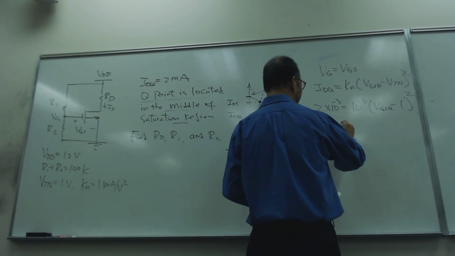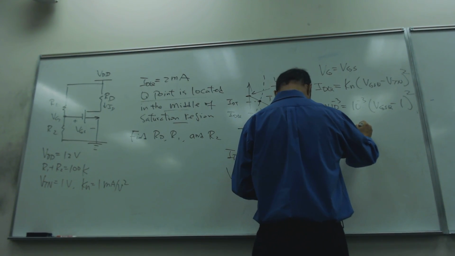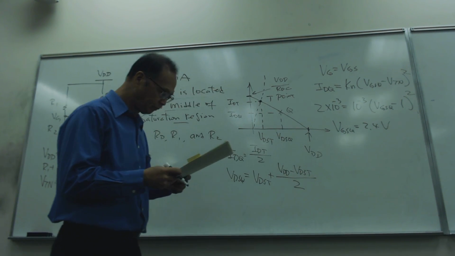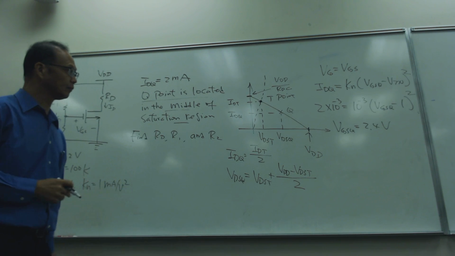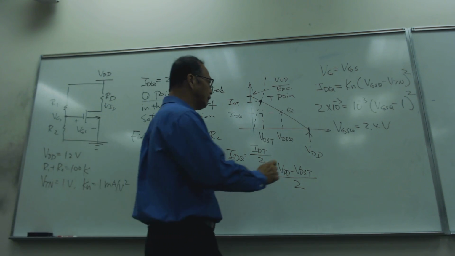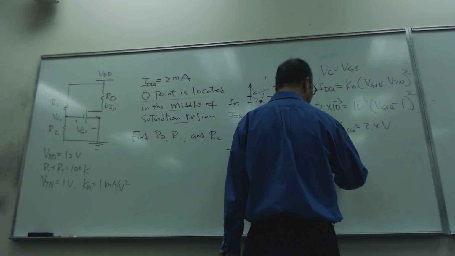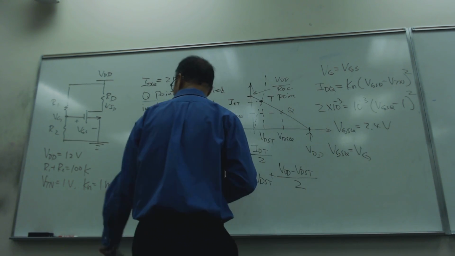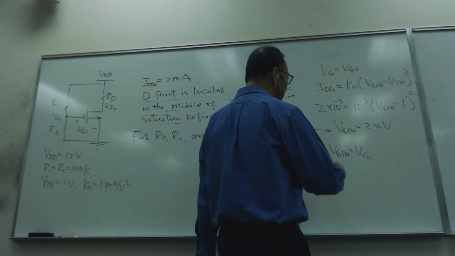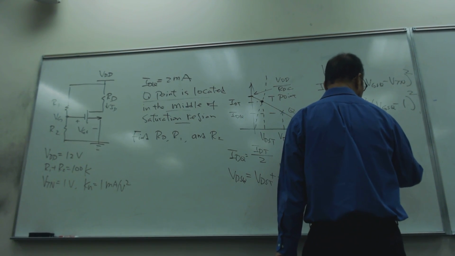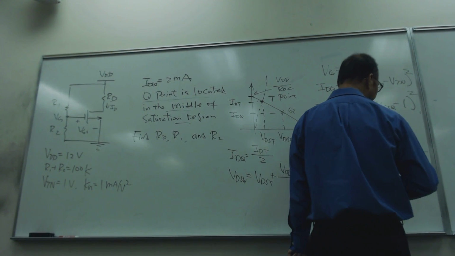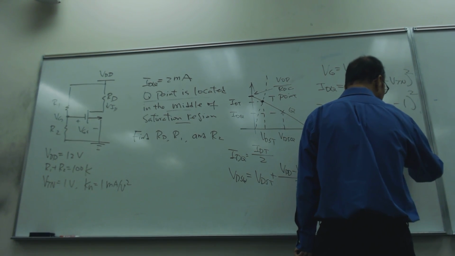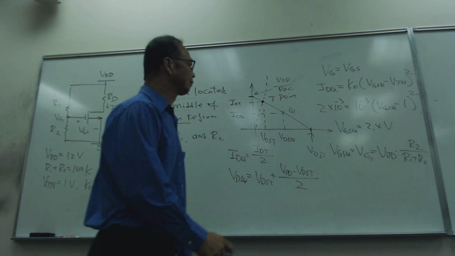So you can calculate VGSQ, and that's equal to 2.4 volts. Okay, and as I said, VGSQ equals VG, right? Look at the circuit. The VG is what? It's VDD based on the voltage divider rule. Yes?